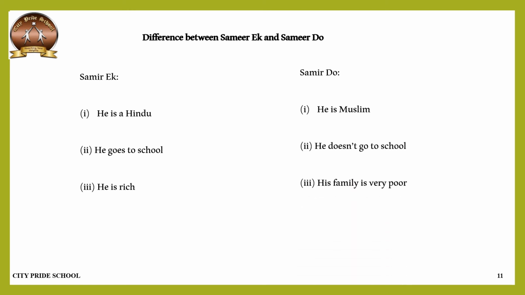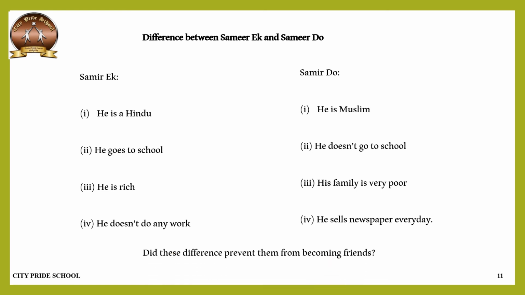Samir Ek is rich, Samir Do's family is very poor. And Samir Ek doesn't do any work. It means he's not working to earn some money. Here, Samir Do has to sell newspapers every day to earn his bread and butter. But in spite of having these differences, did these differences prevent them from becoming friends? Of course not.